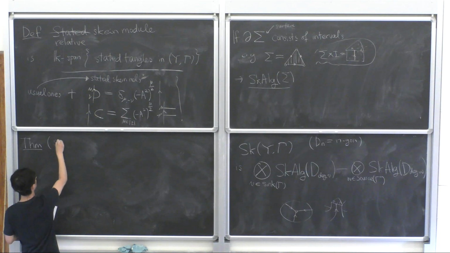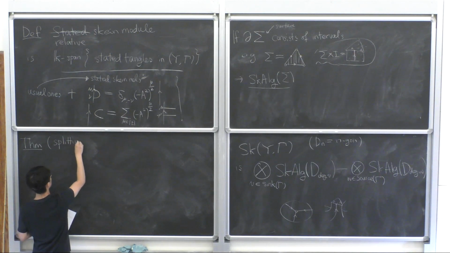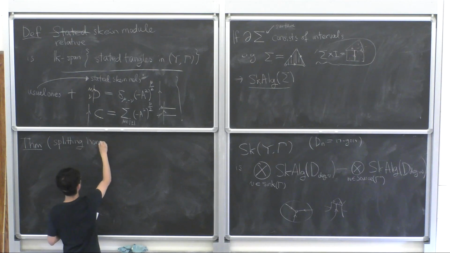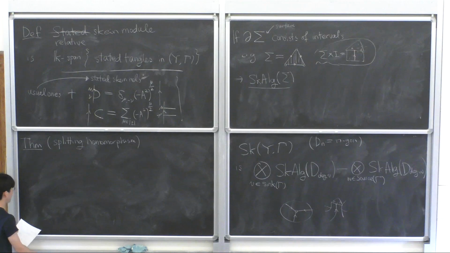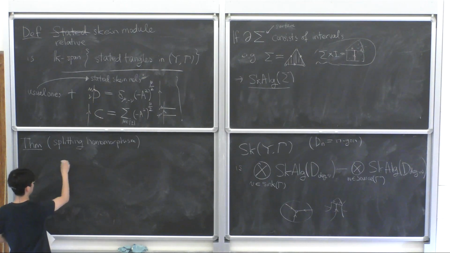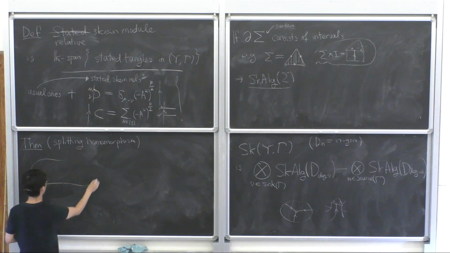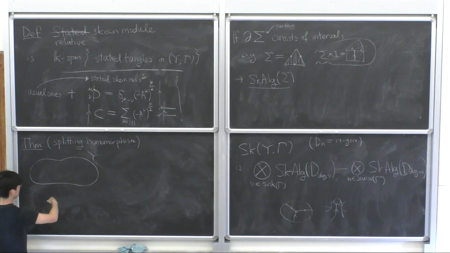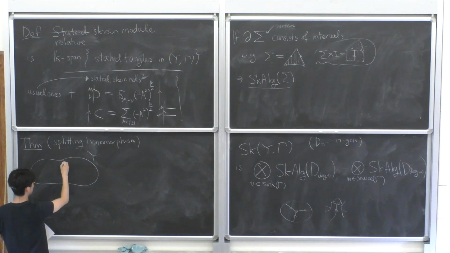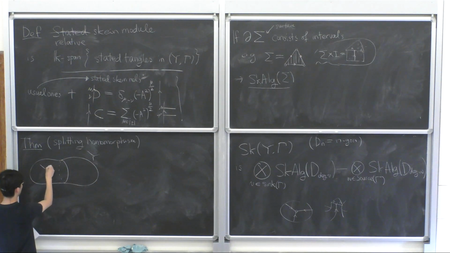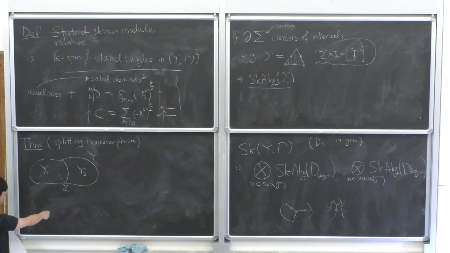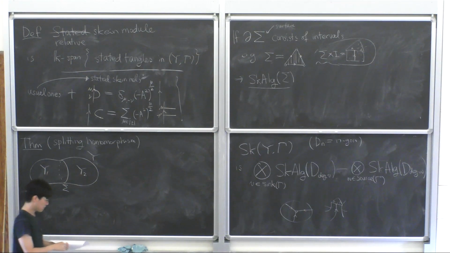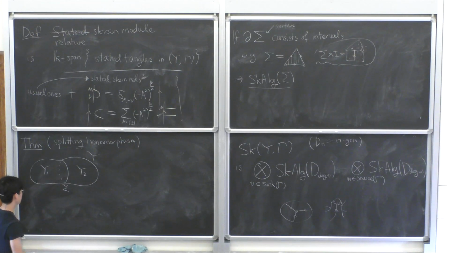Now I can get back to your question. Imagine the following situation where we have a three-manifold Y. It could have some boundary, but let's say we chop it up into two pieces, Y1 and Y2, with a surface, let's call it sigma.